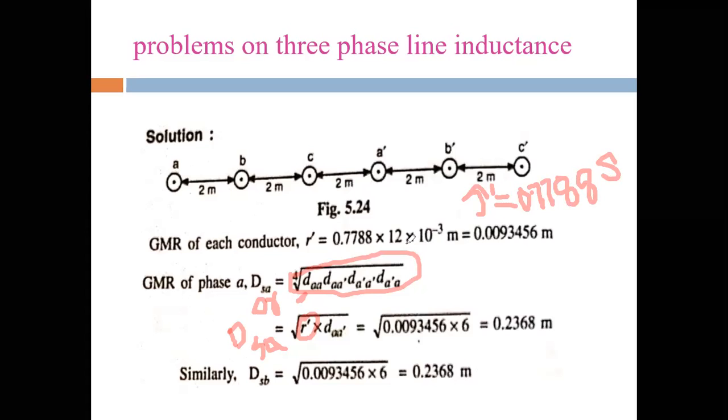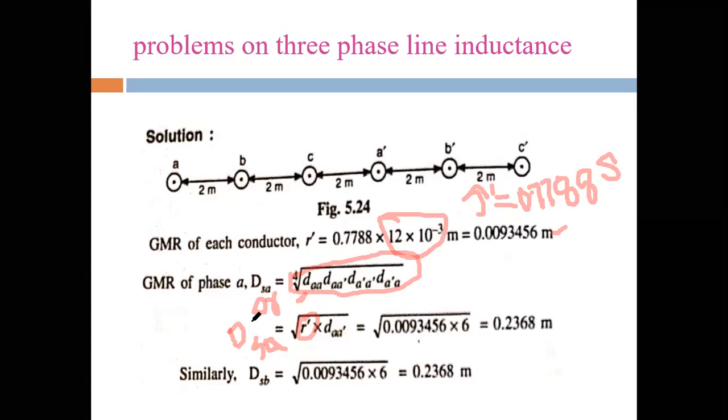That is the radius, 12 millimeters, as given in the question. 12 millimeters means 12 into 10 power minus 3 meters. Then r dash is equal to 0.7788 into 12 into 10 power minus 3, which equals 0.0093456 meters. That is the GMR, the geometrical mean radius.